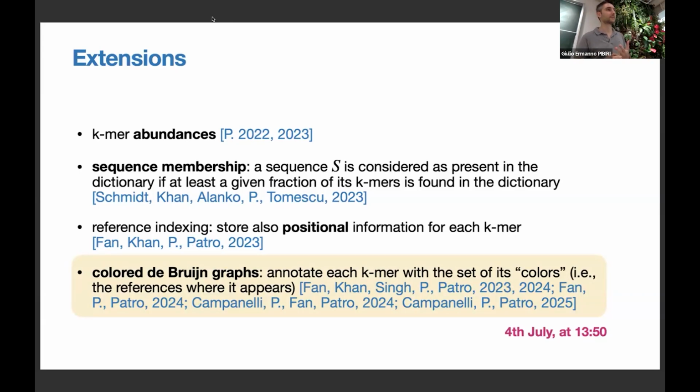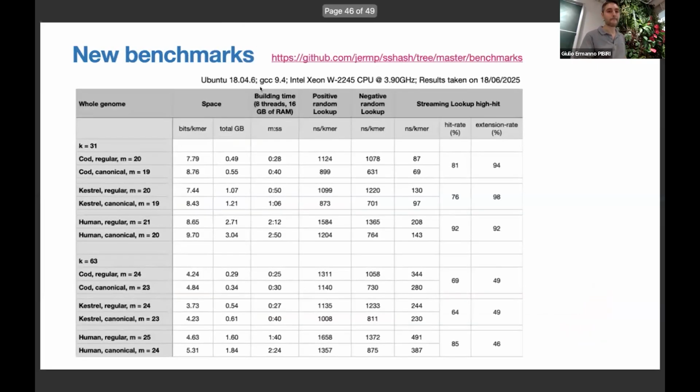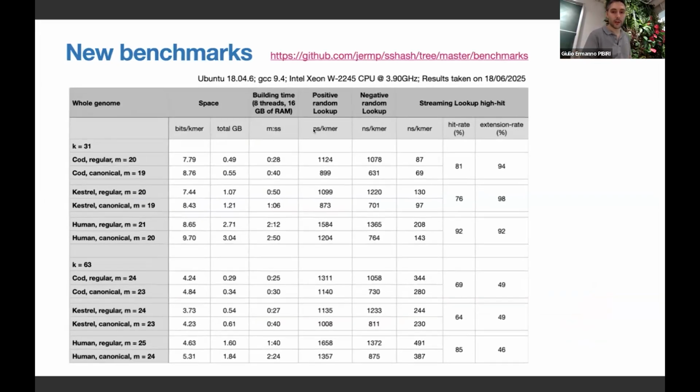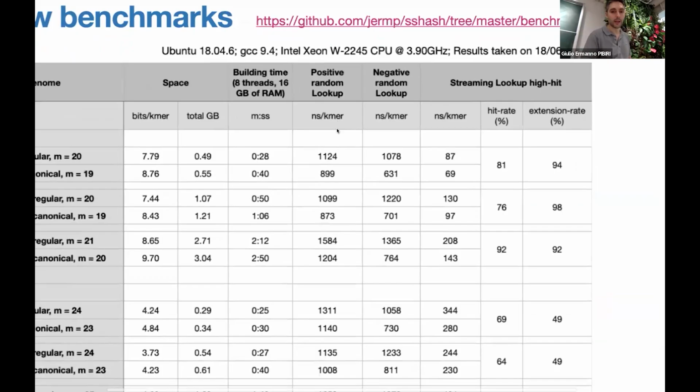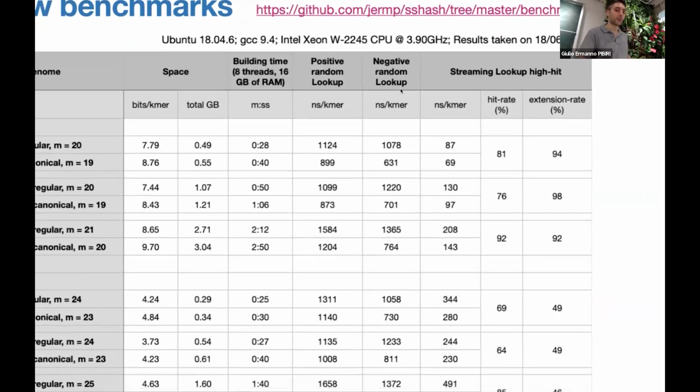Okay, question. What was the last application you supported for this? So in this case, I'm just benchmarking the dictionary itself. So I'm just looking at how fast the random lookup time is, how fast we can stream through k-mers.